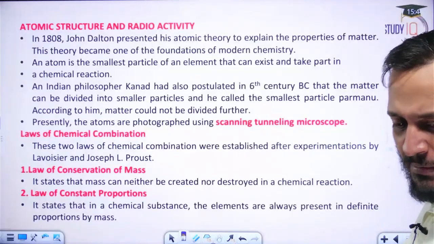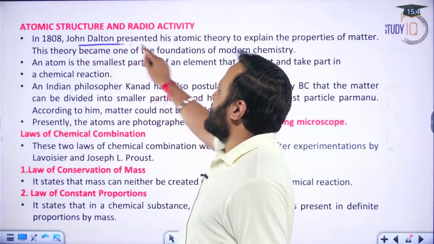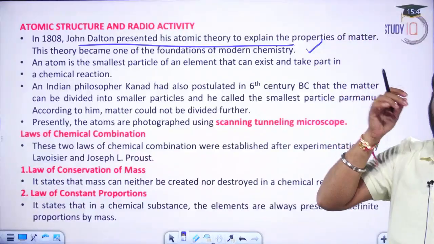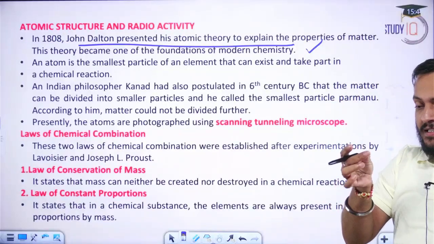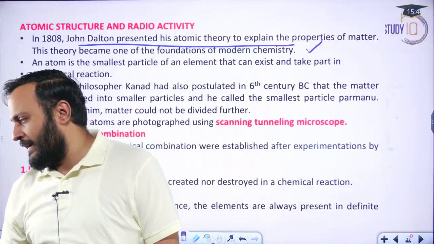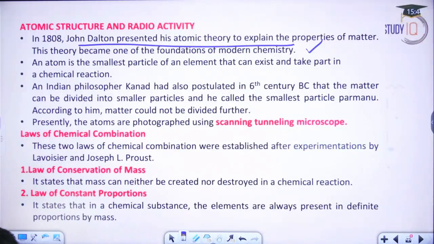If we talk about the atomic structure, John Dalton said that matter has its elementary properties stored in a very, very tiny particle, and that particle is called the atom.